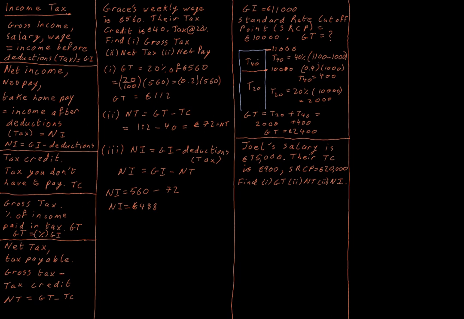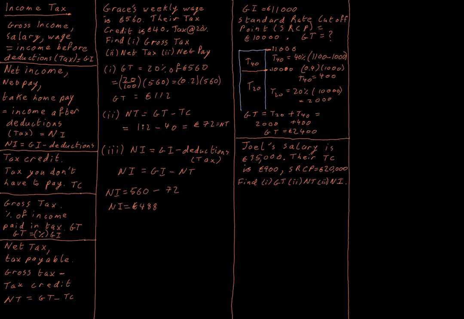Now, that is a situation where we only had one tax level, but we actually have two tax levels. We have a tax level of 20%, like we calculated here, for lower amounts of income. And then once we go past a particular threshold, a particular cutoff point, all of the money we earn above that amount gets taxed at 40%.